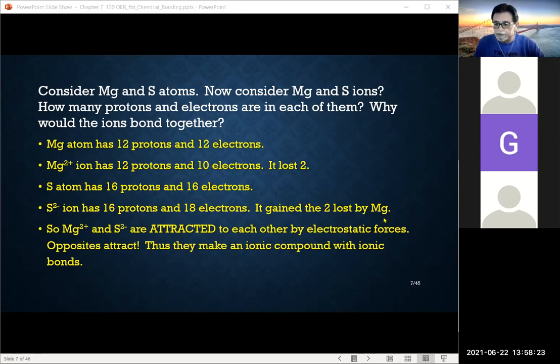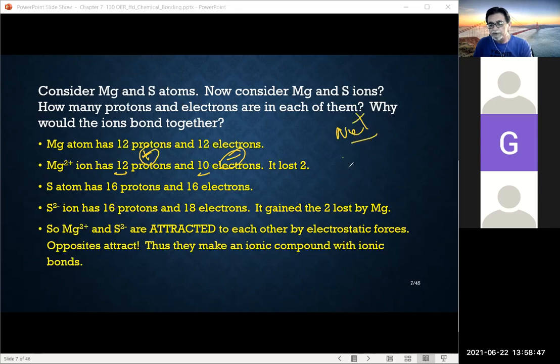Just think of it in terms of mathematics, if that helps. We know that the protons have a positive charge, and we know that the electrons have a negative charge. So if I have 12 pluses and 10 negatives, what's my net? Think about that mathematically.